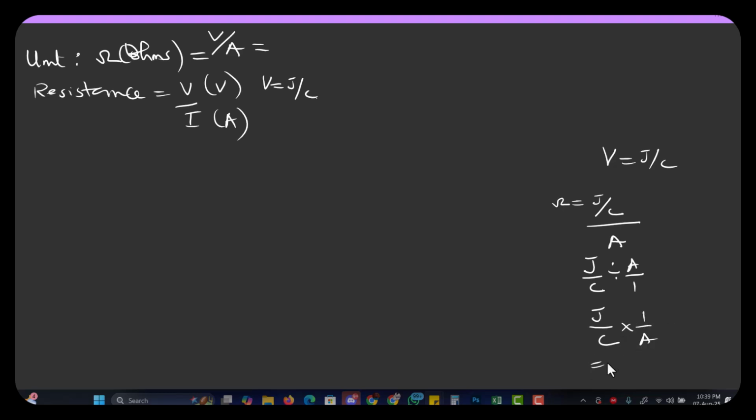So this is joule per coulomb ampere. That is another unit that we have here.